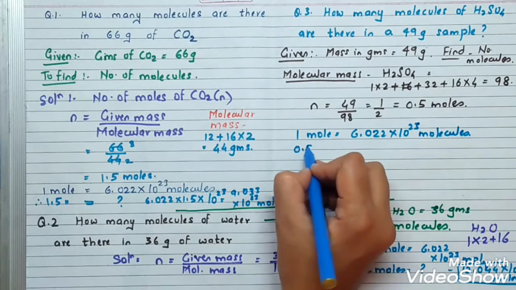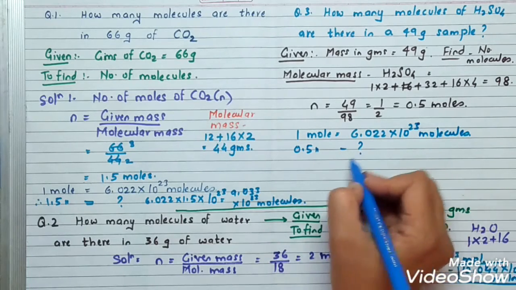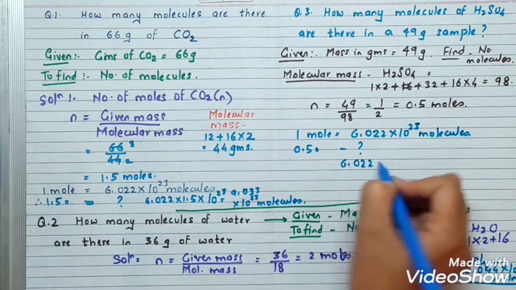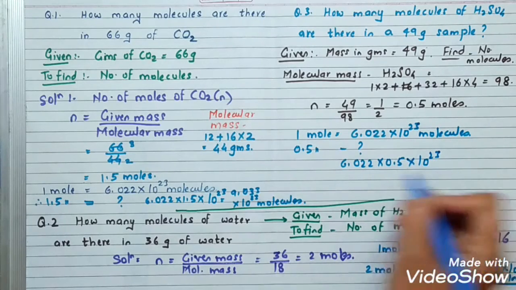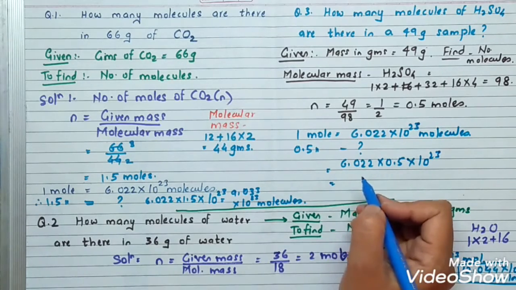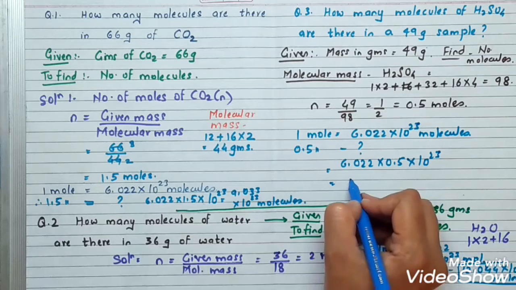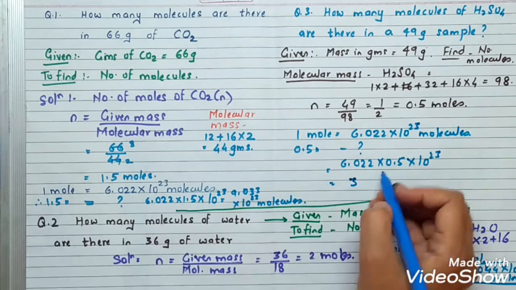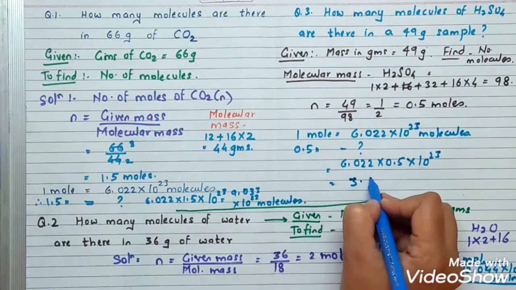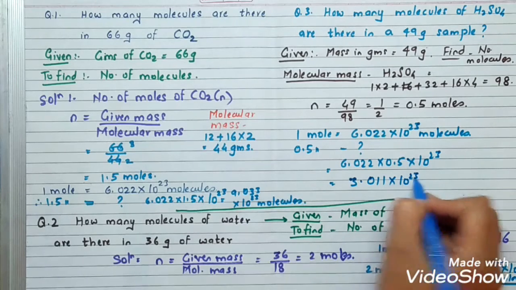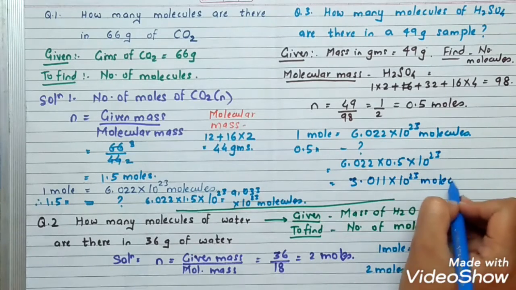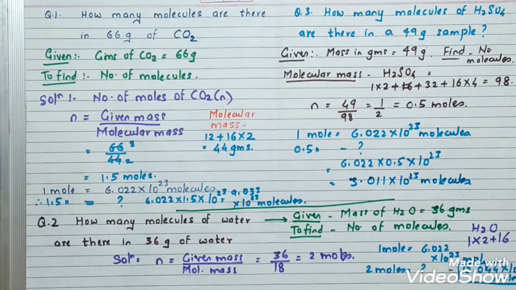So 0.5 moles will be how much? Calculate: into 0.5 into 10 raised to 23. So this will come to 3.011 into 10 raised to 23 molecules.